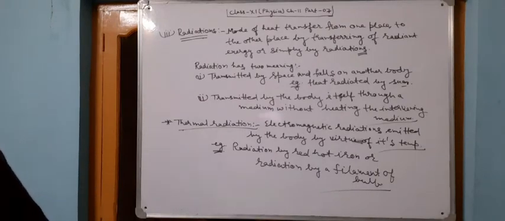Now, when thermal radiation falls on some other body, it may be partly reflected and partly absorbed. The amount of heat absorbed by the body from the radiation depends on the color of the body.